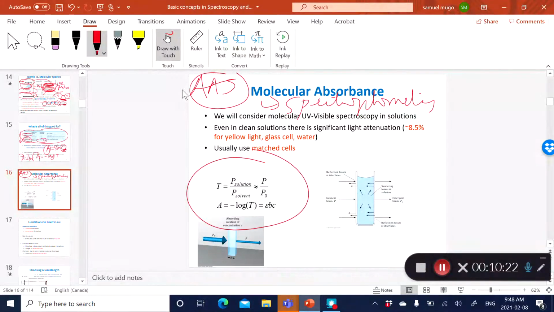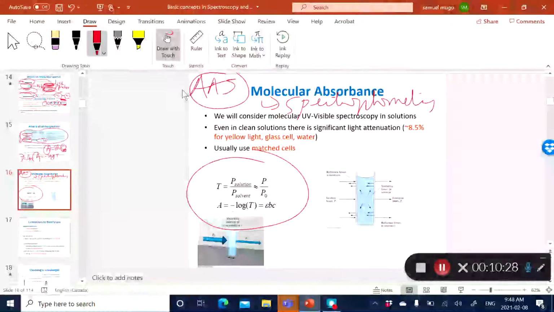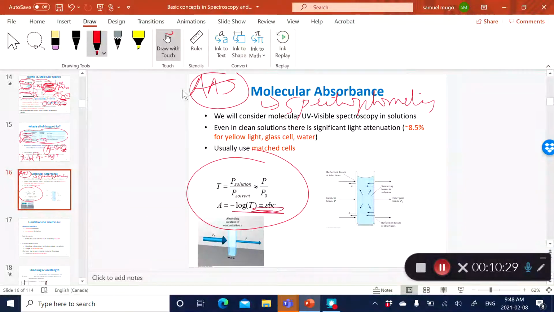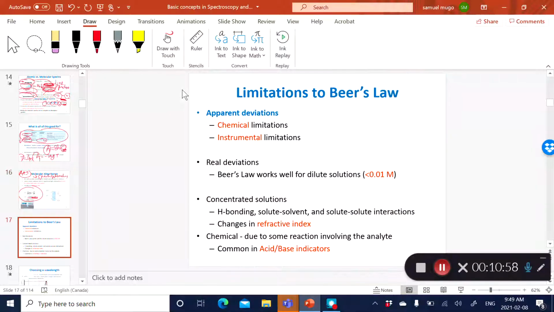And you can see the basis of it in terms of the theory, like I've mentioned: absorbance equals the negative log of transmittance and equals the molar absorptivity multiplied by the path length multiplied by the concentration. It's important for us to remember the factors that affect the sensitivity of molecular and atomic absorbance spectroscopy, so that when you're doing it in the lab, you know what you need to optimize. And this is a review because you guys have already done it in the lab.